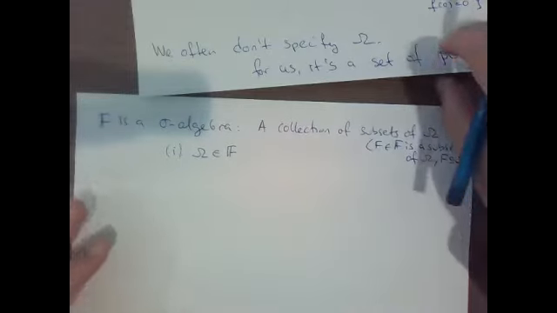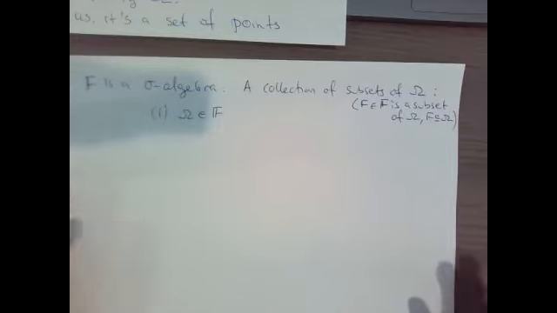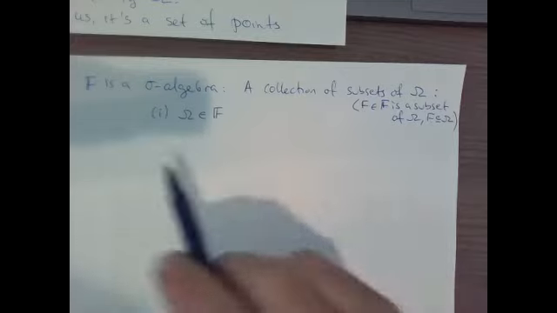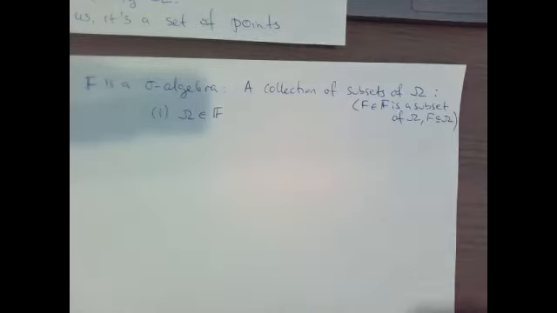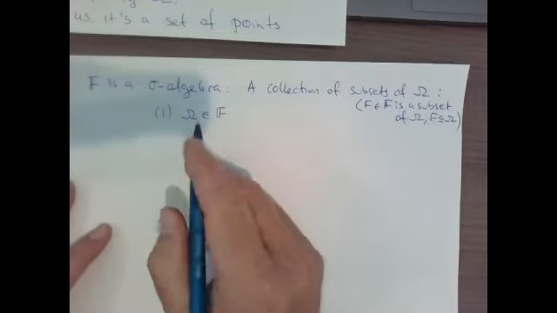This is what makes it a little bit tricky. This is more abstract than what we might be used to. So that's a sigma algebra: a collection of sets where each of these sets is a subset of omega, and it must satisfy a bunch of properties. One of them is that omega has to be in there.